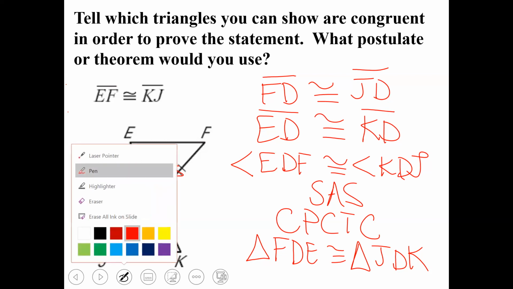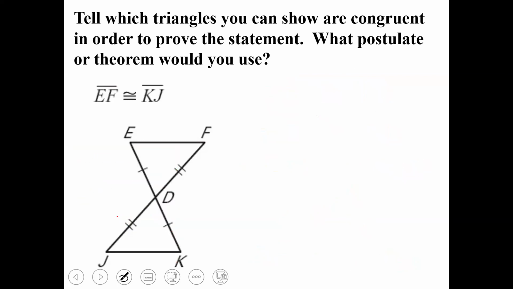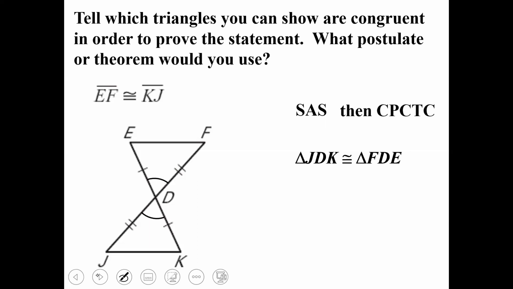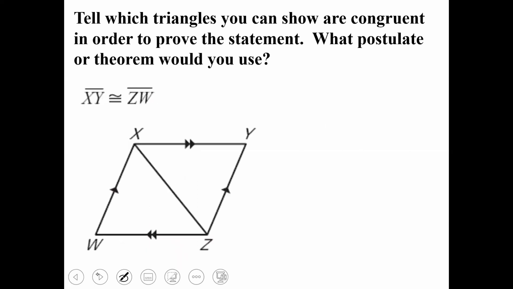So we're just taking it a step further. Yesterday, we just proved that triangles were congruent. Today, we're proving that triangles are congruent so that we can then in turn prove that parts of the triangle are congruent, that we don't have any information about, okay?